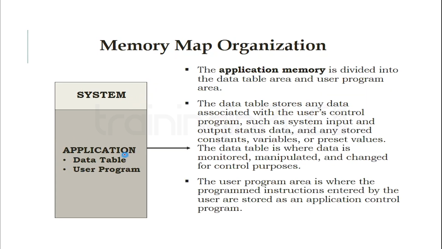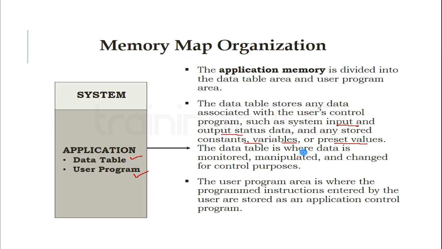Next is application memory. Application memory is divided into two parts, data memory and user program memory. The data table stores the data of input and output status, and any stored constants, variables, preset values that you used in the program will be stored in the data table.